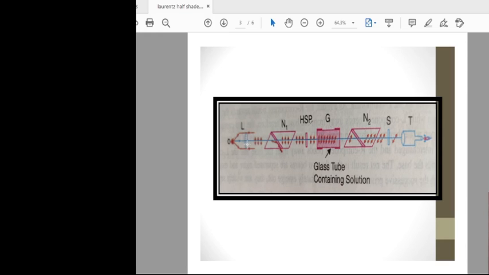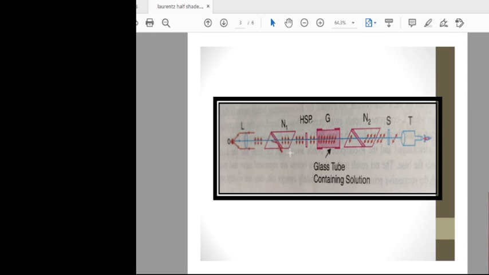These are the light rays. This is a collimating lens. This is ordinary light, which travels in this direction, meaning vibrations. Then here N1 is the first Nicol prism.